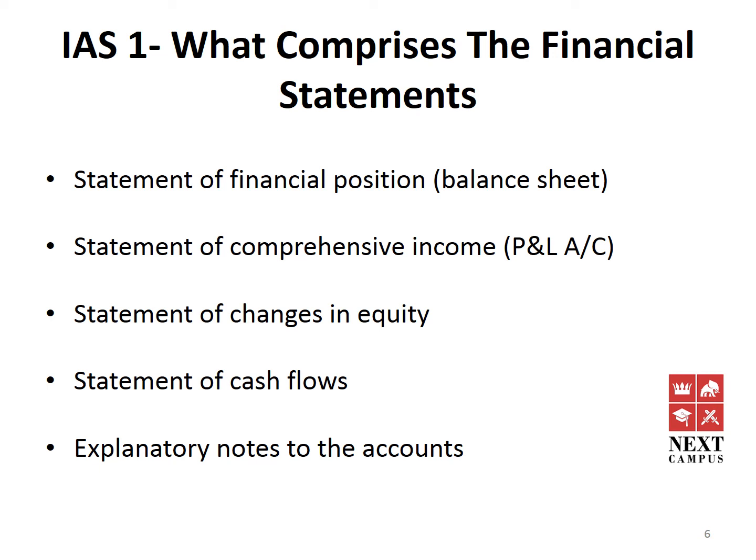The notes are there to explain how accounts are described. So these 5 components will comprise the set of financial statements: statement of financial position, statement of comprehensive income, statement of changes in equity, cash flow statement, and explanatory notes to the accounts.